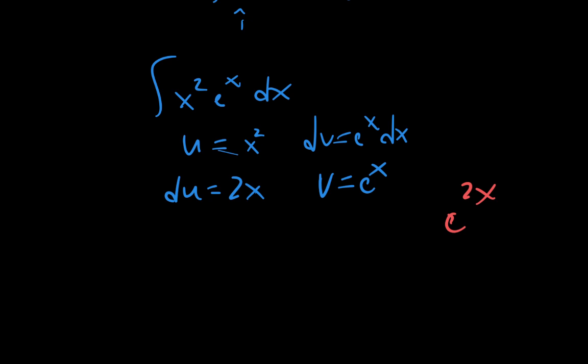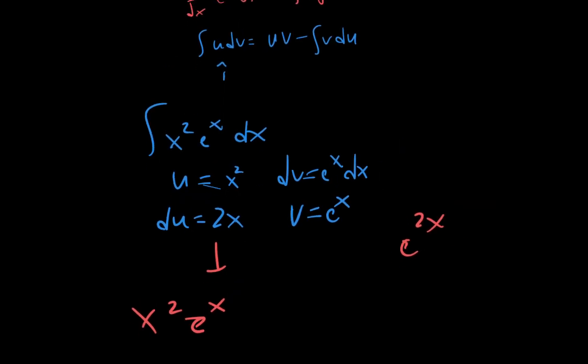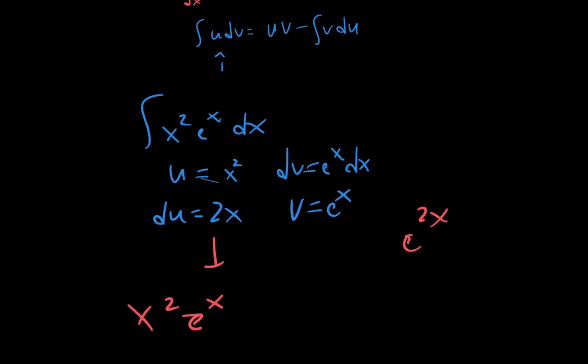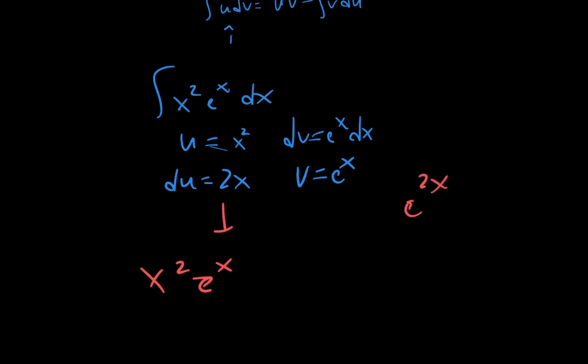But e to the x is its own integral. So by the formula, x squared e to the x is uv minus the integral of v du, minus the integral of e to the x du.